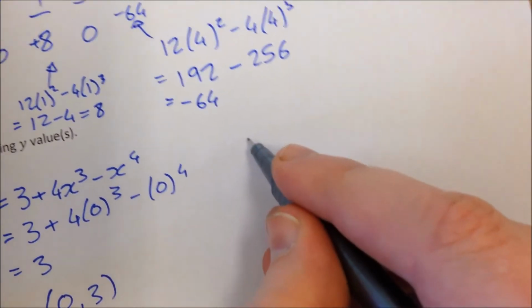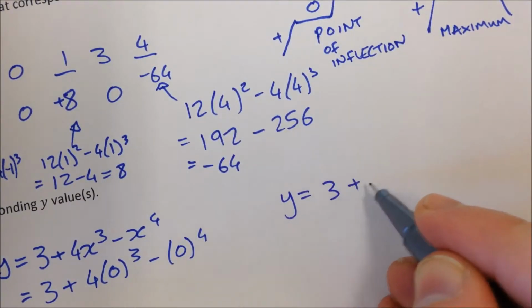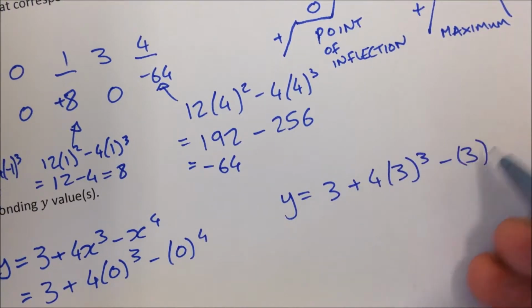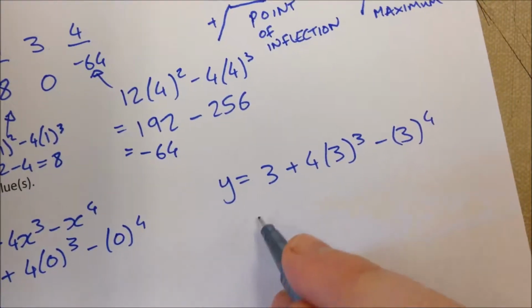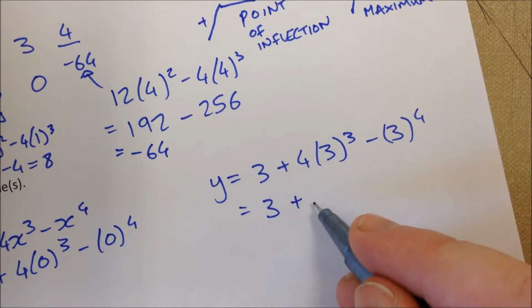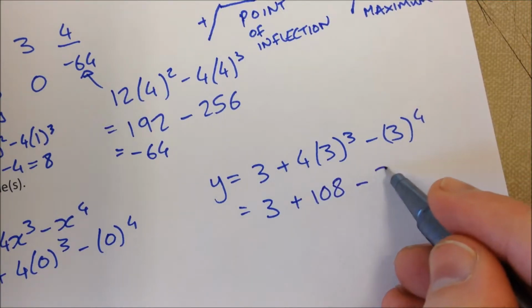And for the other coordinate where x is 3, y equals 3 plus 4 lots of 3 cubed, take away 3 to the power 4. So that is 3 plus 4 lots of 27, which is 108, and 3 to the power 4 is 81.